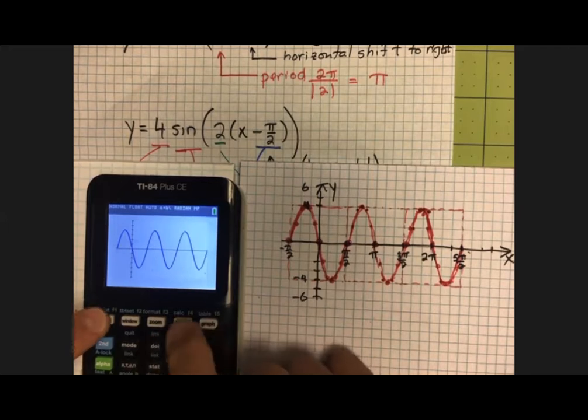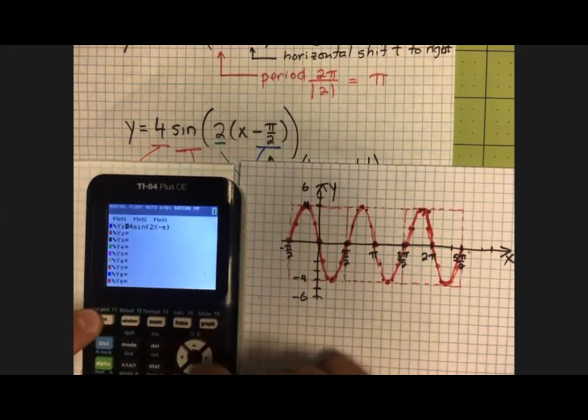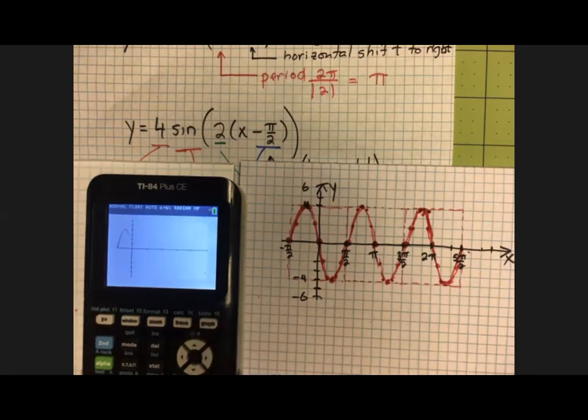Okay. After bragging about it, I've got to see my red. Oh, I got to go down here and say, okay, that's better. Okay, a little bit of overkill there, but there's my beautiful red graph.